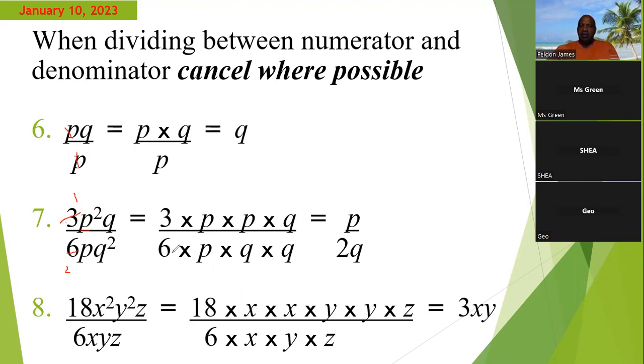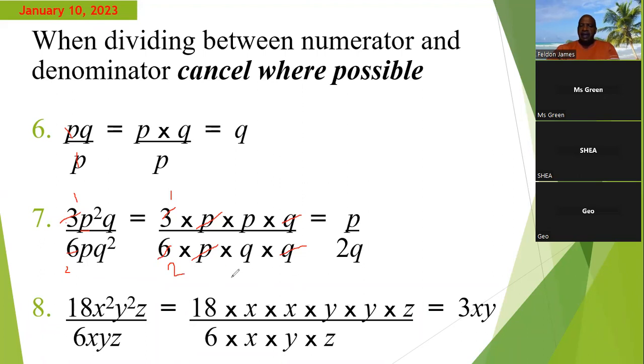After you do that, cancel letters. If you have a letter here, you look for the same letter up here and cancel. Now, this 3 cancels with the 6 down here.